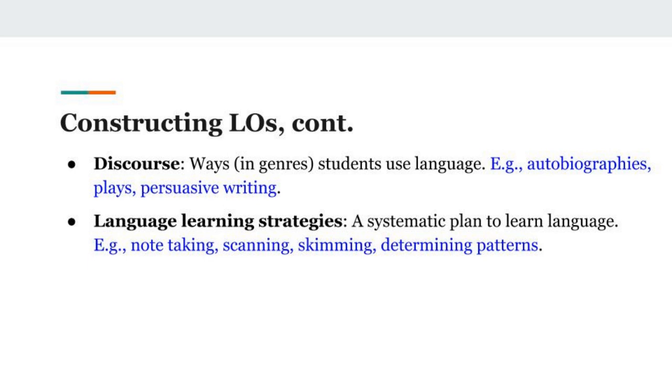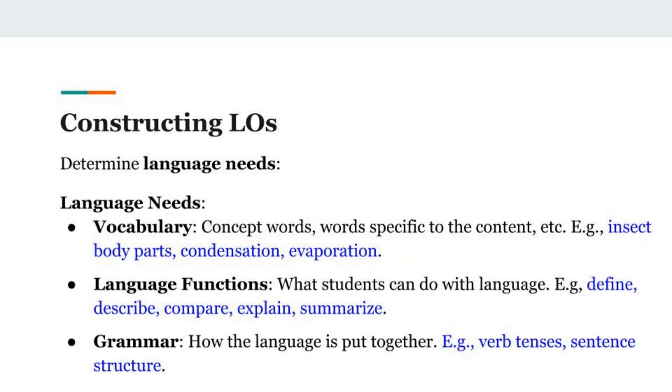Of course, to participate in class activities and meet the content objectives, students, both English language learners and non-English language learners, require language. They require vocabulary items such as concept words. They require language functions to be able to, for instance, define, compare and contrast, etc. They require grammar to be able to structure the language and be able to collaborate or cooperate with their peers.